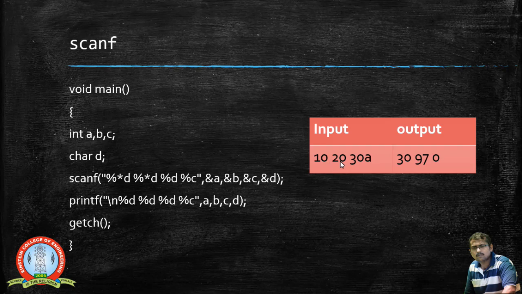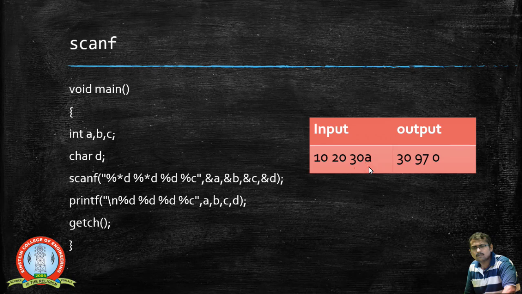So 10 and 20 will get neglected. Only the values 30 and A alone will get stored in A and B. So A will have a value of 30 and B will have a value of A.